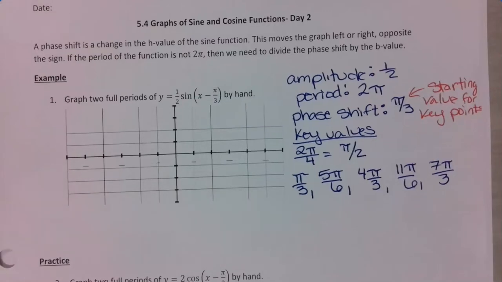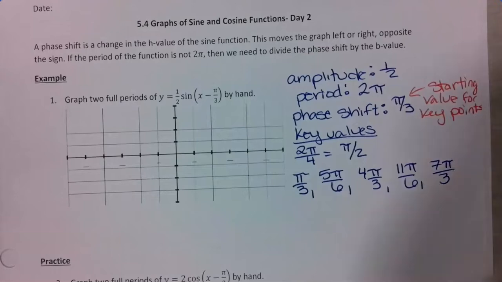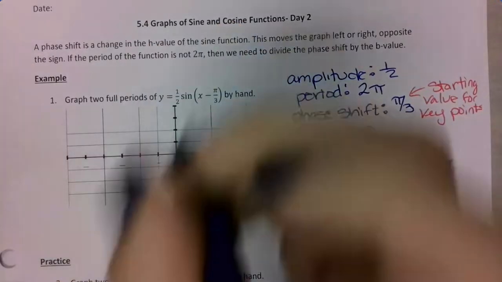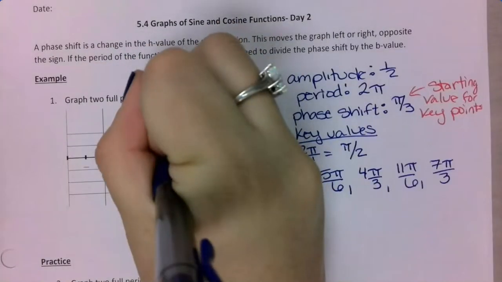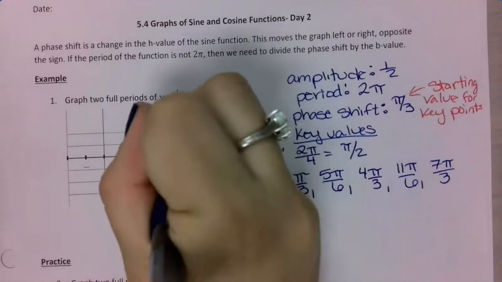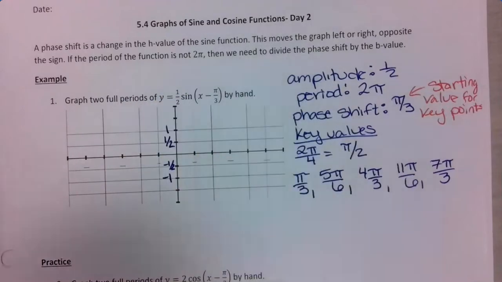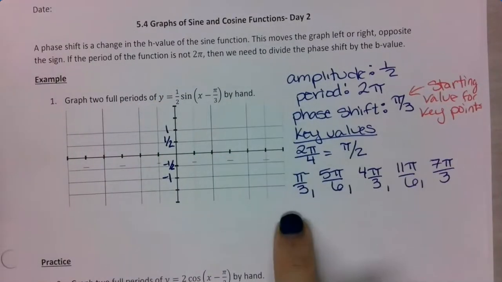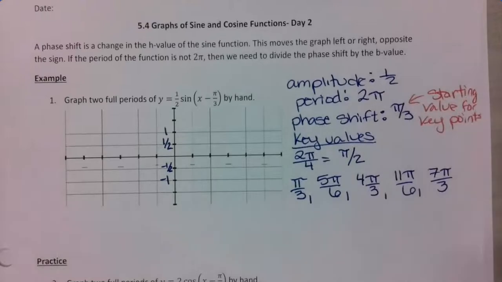Okay, so then I want to go ahead and label this. I'm going to count every other square. So this is going to be 1 and this is going to be 1/2 for my amplitude. And then, how do I want to count for my scale?